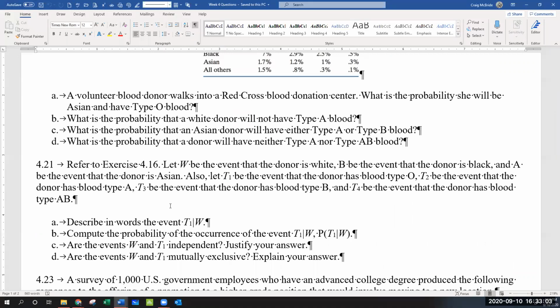So first of all, we all understand that the vertical line means given, correct? Yes. Okay. So when we're trying to describe in words T1 given W, that's basically saying that if we choose somebody at random, what's the probability, or this is the event that the donor is going to have type O blood given that they're Caucasian or white?